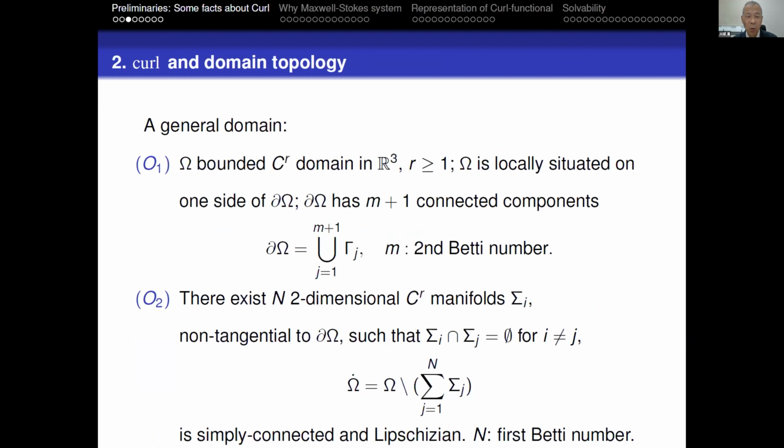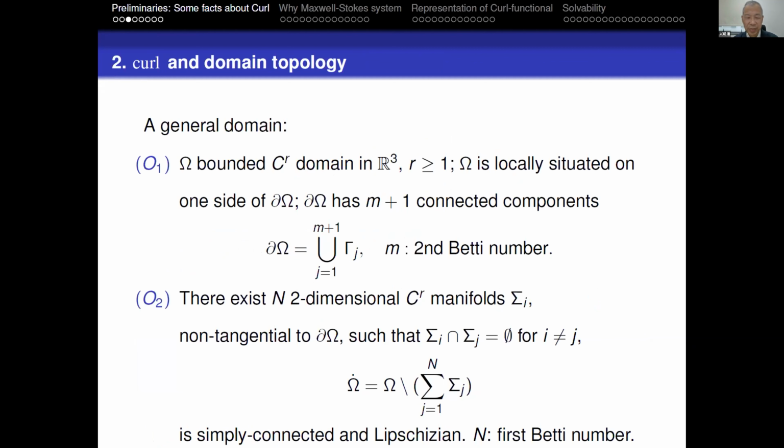We assume that the domain omega is a bounded domain with smooth boundary, and the boundary partial omega has m+1 connected components. In other words, it has m holes, or you can say m is the second Betti number.